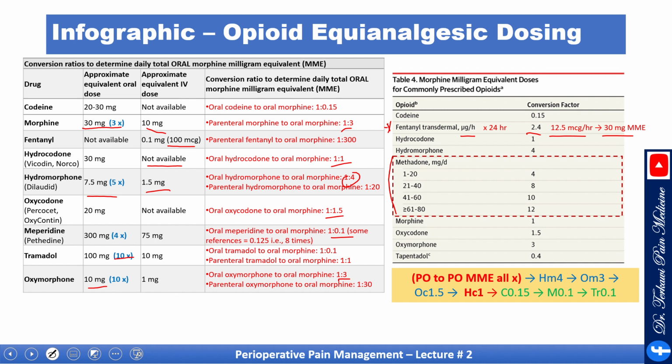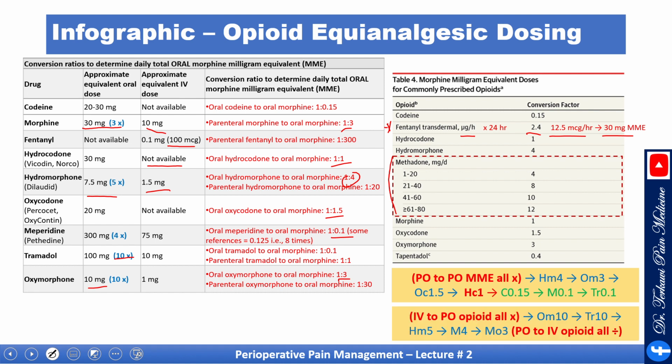So multiply by 4. Oxymorphone, 3 times, multiply by 3. Oxycodone, 1.5, multiply by 1.5. Then hydrocodone is 1, equal to morphine. Then after that, the green is less potent. So codeine is 0.15, meperidine is 0.1, and tramadol is 0.1.